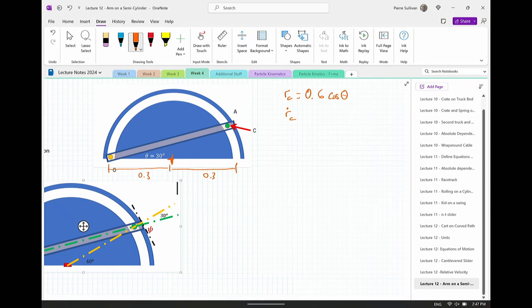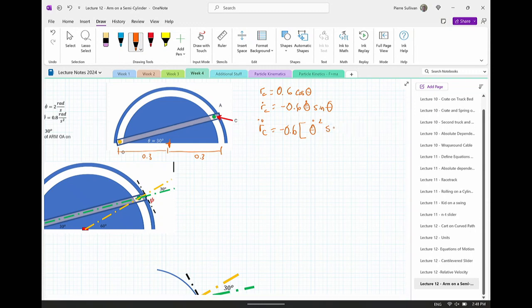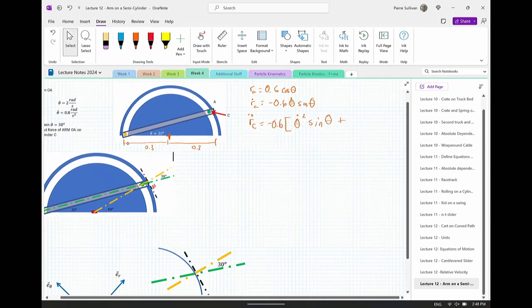So r dot C, if you take its derivative, is minus 0.6 theta dot sine of theta, and r double dot C equals negative 0.6 theta dot squared sine theta plus theta double dot cos of theta.